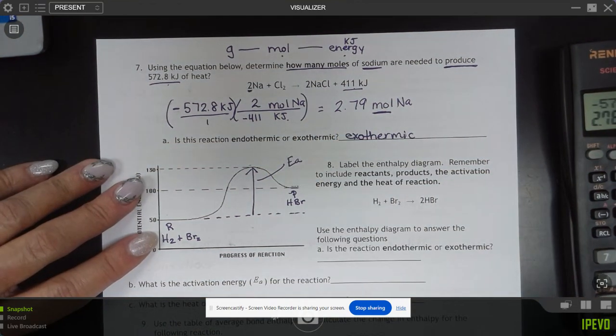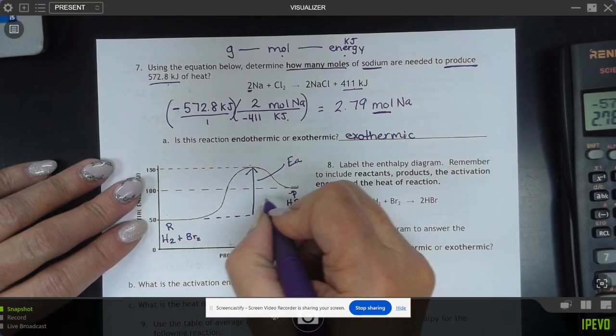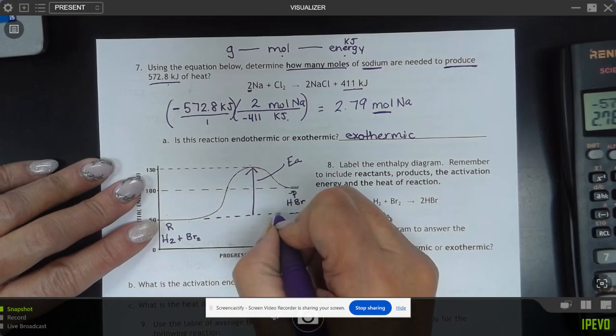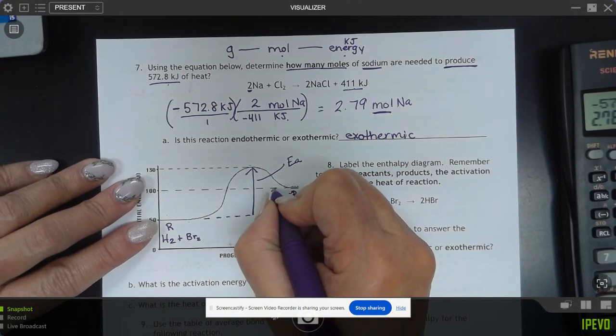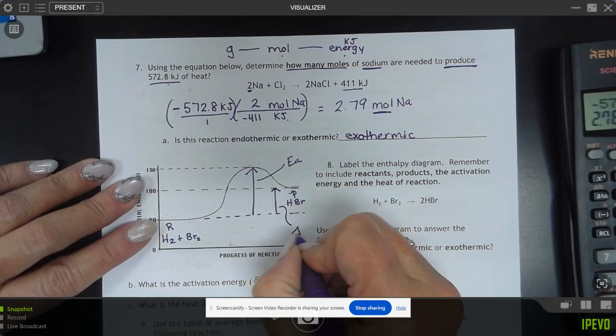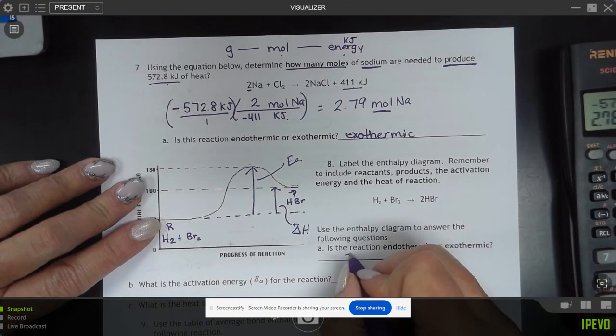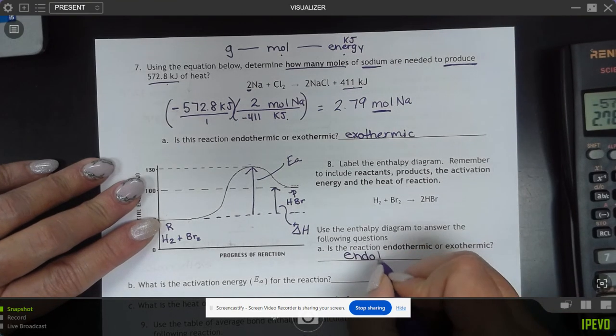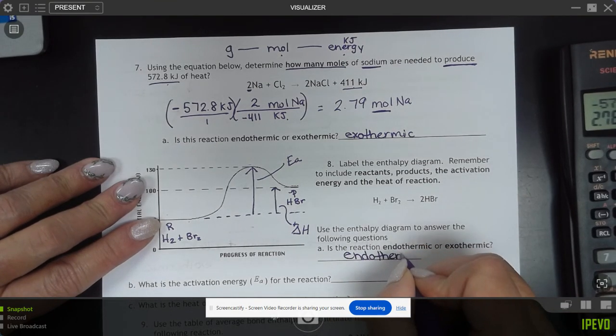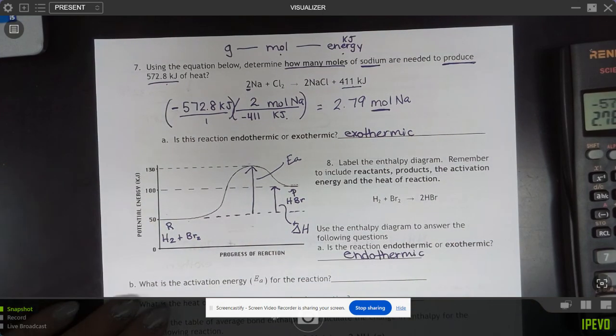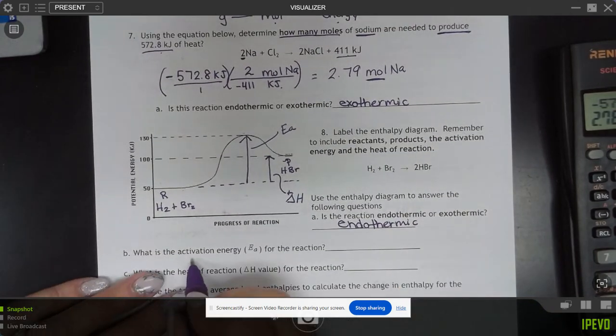And then delta H is the difference from reactants to the products. So delta H, and since we're going up, that tells us that delta H is positive, which tells us this is an endothermic process. Now, what is the activation energy for the reaction?